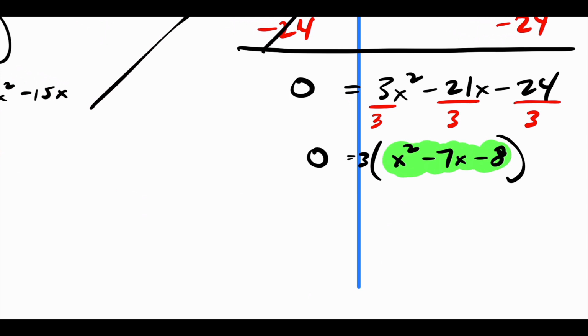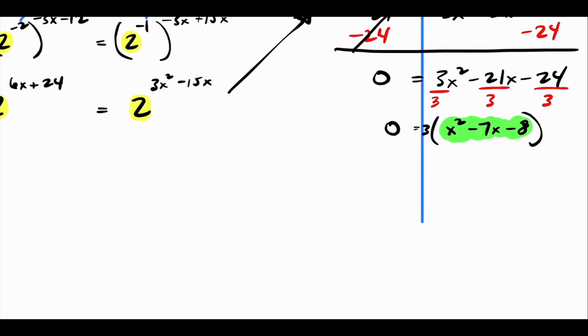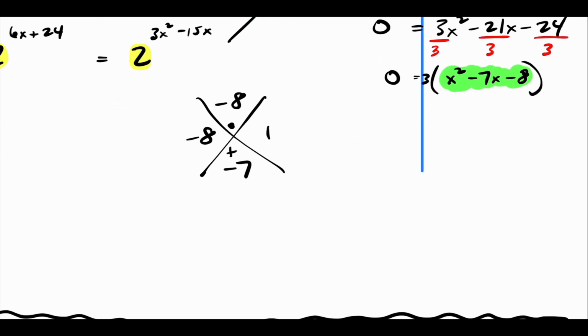Once we get the GCF, whatever's left, ABC. So multiply to be negative 8, add to be negative 7. Negative 8, positive 1. Box.